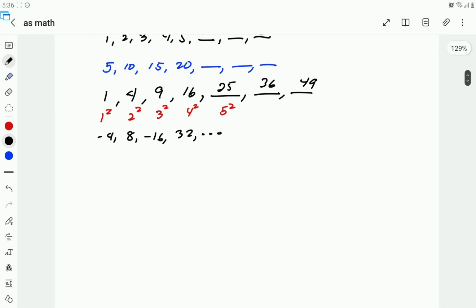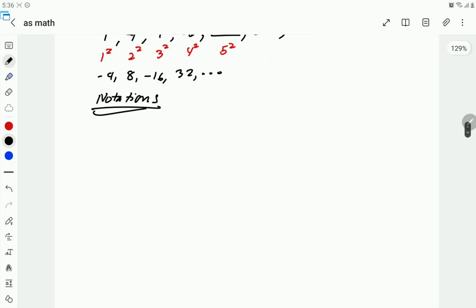Now, what are the notations that we use for sequences? We use this notation U sub n to denote the sequence. Okay?